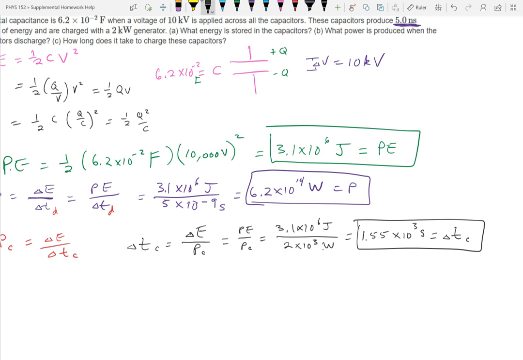So we'll take 1,550 seconds times 1 minute per 60 seconds, which is equal to 155 divided by 6. 6 goes to 15 twice, 35. What's my next digit?